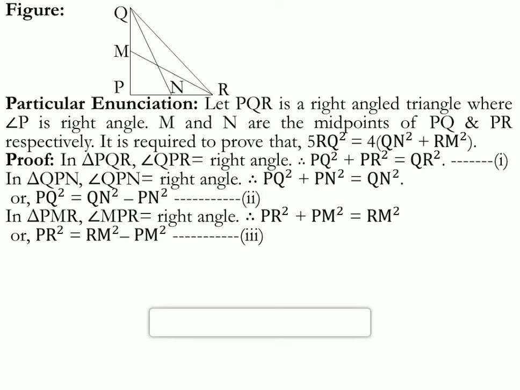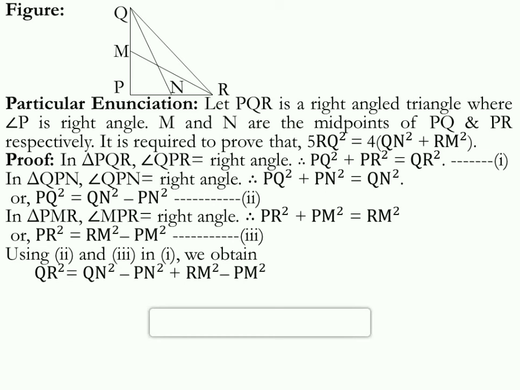Now, if we use these two values in number 1, that is PQ square plus PR square equals QR square, we get QR square equals QN square minus PN square plus RM square minus PM square. If we simplify this, QN square plus RM square minus, taking common from both minus, it becomes PN square plus PM square.